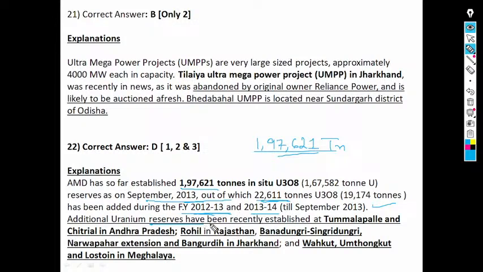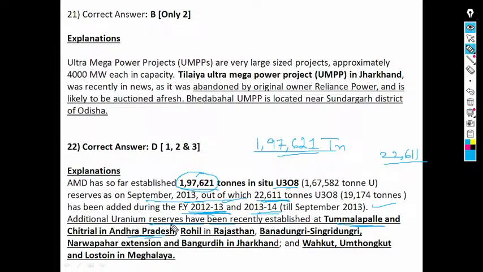Additional uranium reserves have been recently established in Tumalapalli and Chitrial in Andhra Pradesh particularly. 1,97,621 tons in situ is the reserve, and 22,611 tons has been added in the financial year 2012-13 and 13-14.